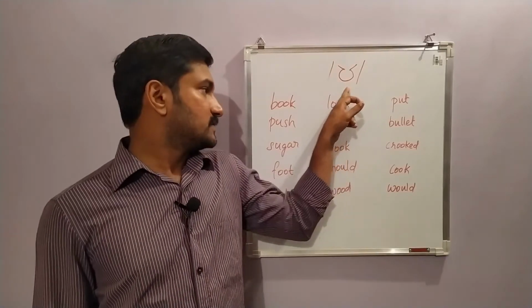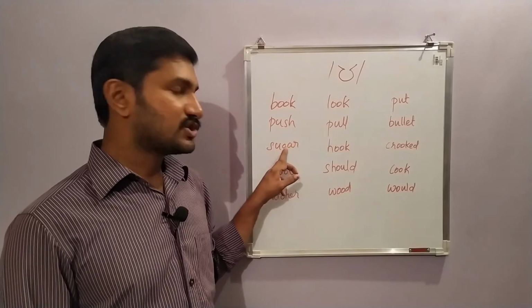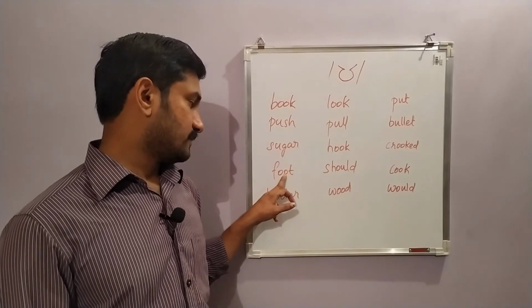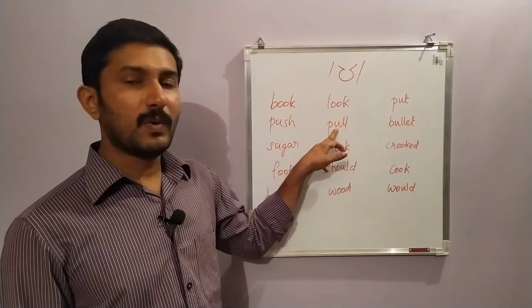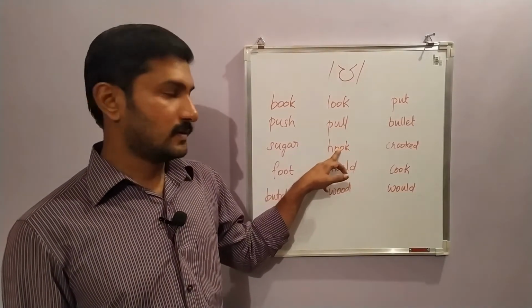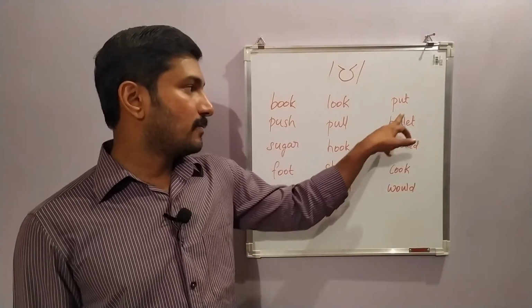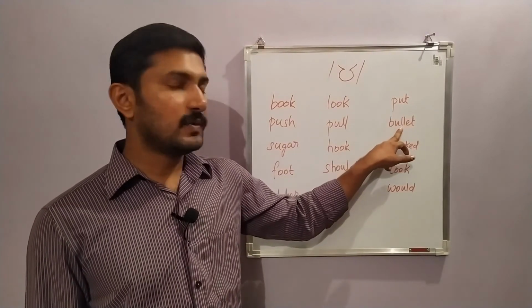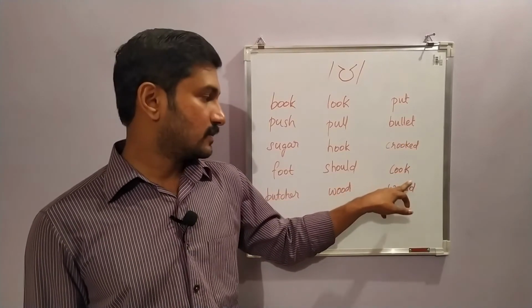U sound occurs in words such as book, push, sugar, foot, butcher, look, pull, hook, shoot, wood, put, bullet, crooked, cook.